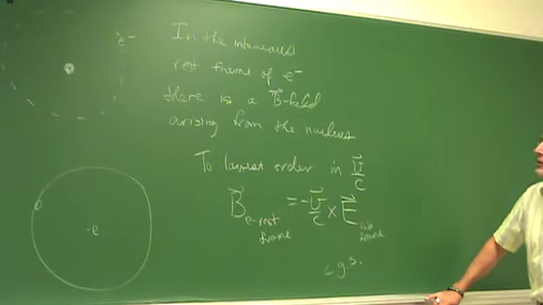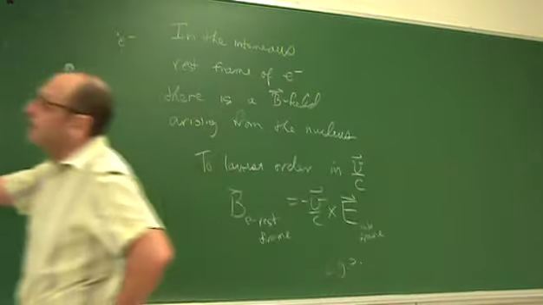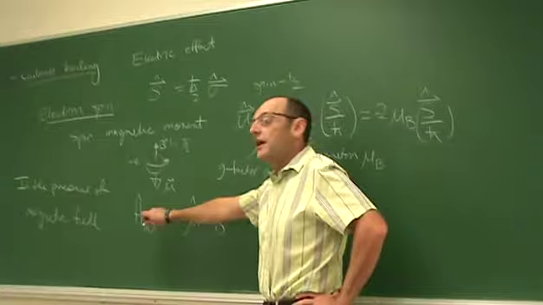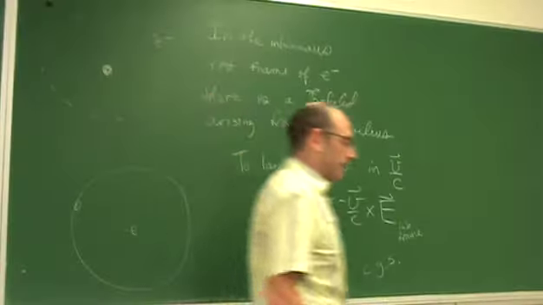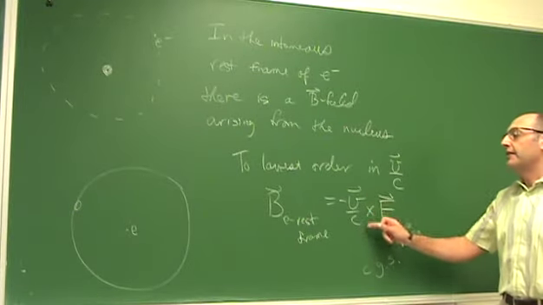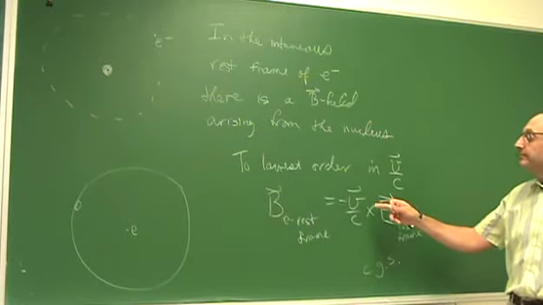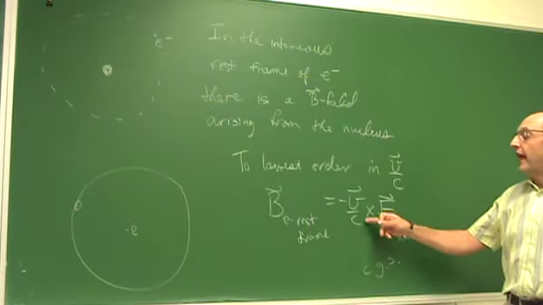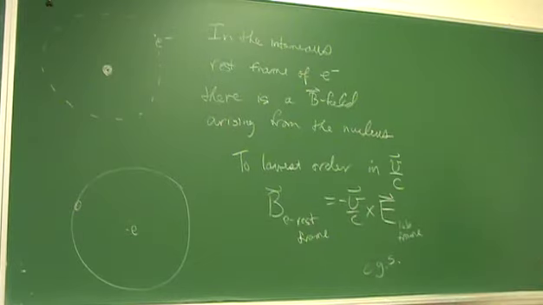Well, we see, firstly, that the magnetic effects are certainly going to be generally smaller than the electric effects, due to the fact that the strength of the field scales like the speed of the electron relative to the speed of light.